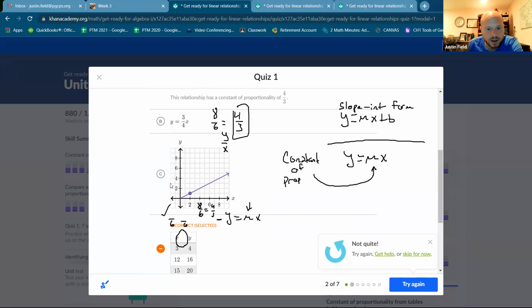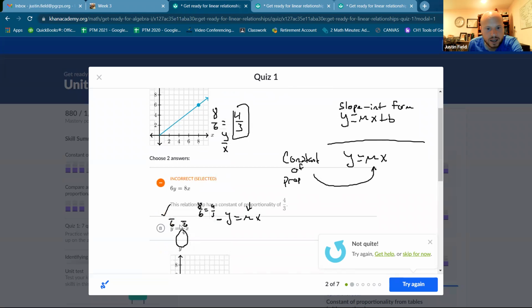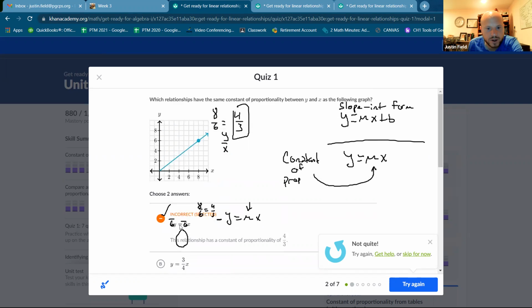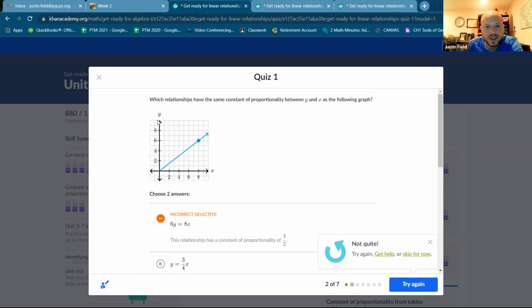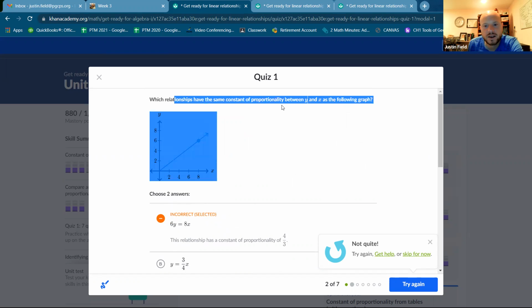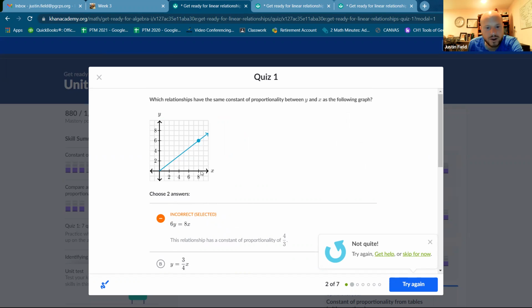But I said choose two answers, which are the same. Which relationships have the same y over x as the following graph? 8. Oh, do you know what? Look what I did. 8 over 6. That's x over y.